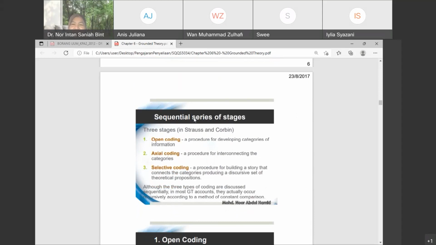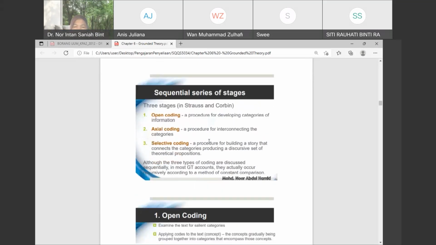It looks like these 3 stages mean you need to fulfill every stage, but I don't think so. Maybe we just don't declare it. Some scholars do not declare open, axial and selective coding, because you develop in open coding, then connect in axial coding, and then in selective coding you wrap up all the findings you have discovered into one model or one theory.